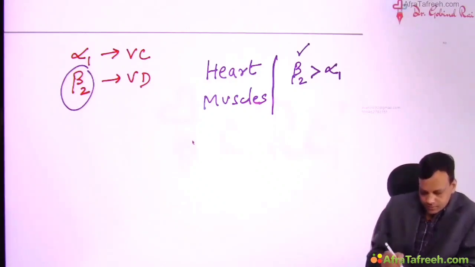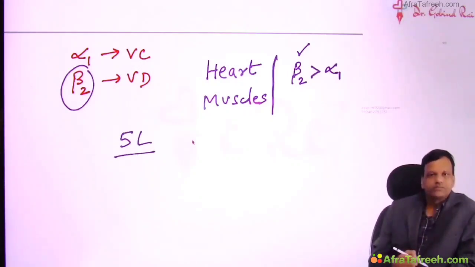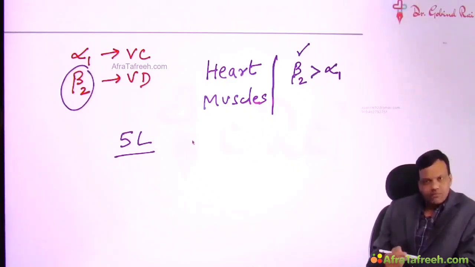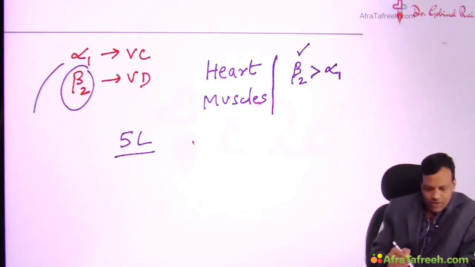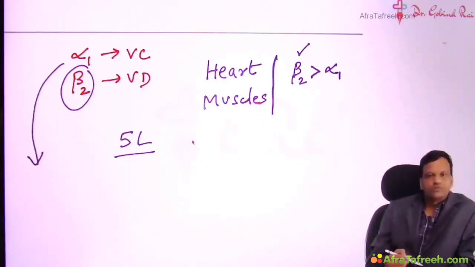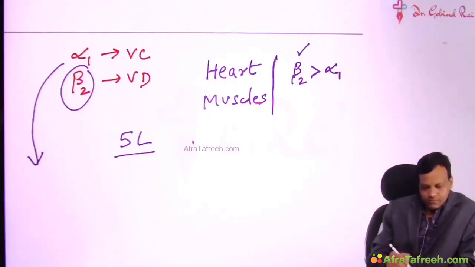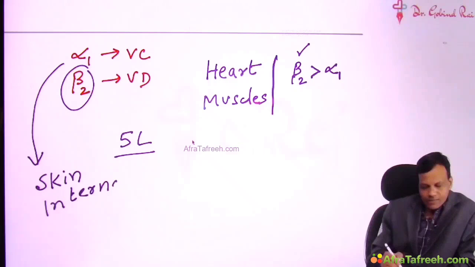The question is, normally we have 5 liters of blood in the body. When a lion comes in front of us, it will not become 10 liters. So when the blood remains 5 liters, where does it come from? So what happens is, in all other blood vessels, alpha 1 is more. Blood vessels of skin and blood vessels of internal organs contain more alpha 1 receptors.